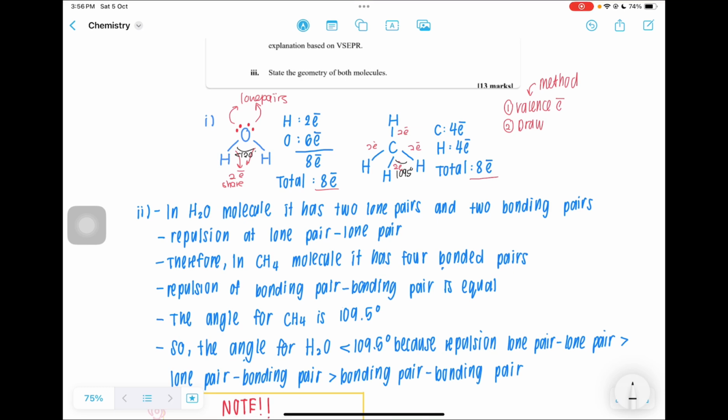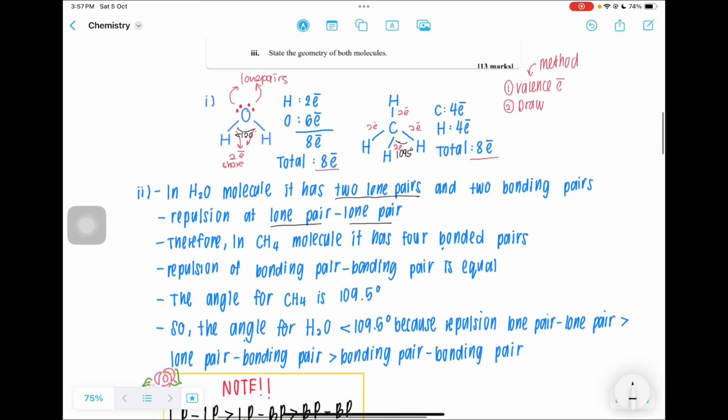In the H2O molecule, it has 2 lone pairs and 2 bonding pairs. Repulsion of lone pair, lone pair is high for H2O because it consists of 2 lone pairs. Therefore, in the CH4 molecule, it has 4 bonding pairs. So the repulsion is bonding pair, and it will be equal because it doesn't have any lone pairs.